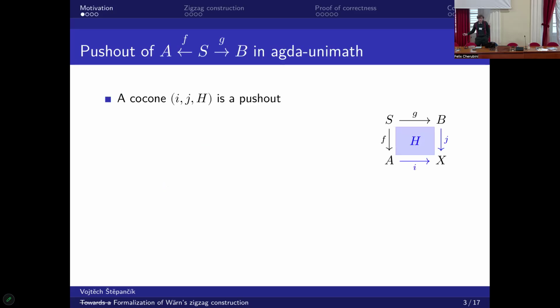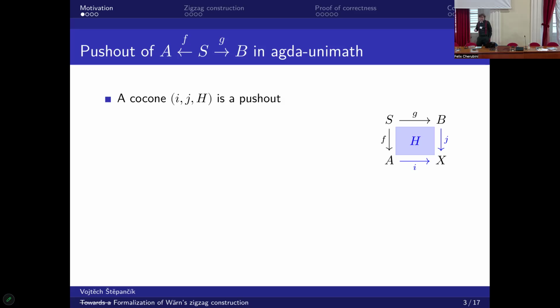So step number one, recall what a pushout even is, right? We fix this span, F and G, as in the title of the slide, and then we can talk about the structure of cocones on a specific type, which here means the triple I, J, and H, where I, J are maps and H is the homotopy filling the square.